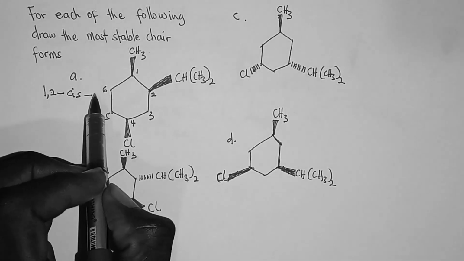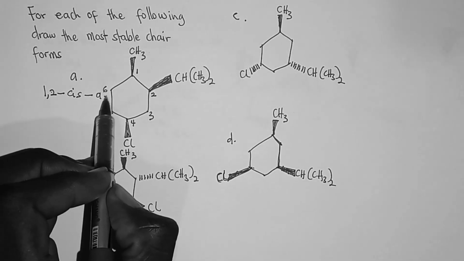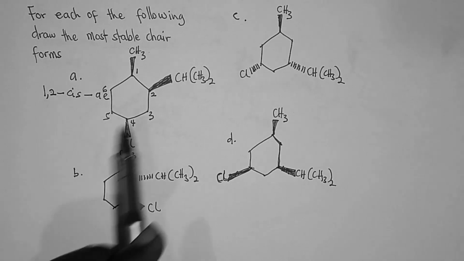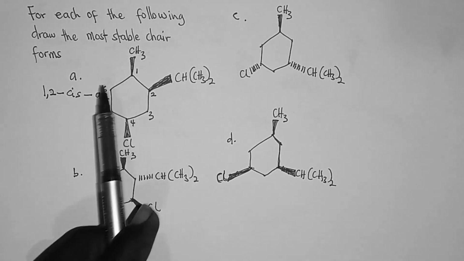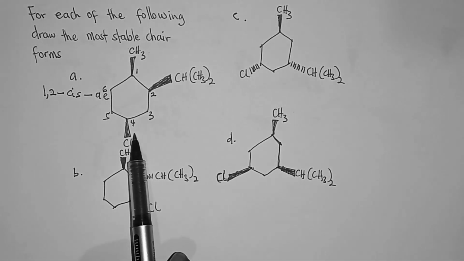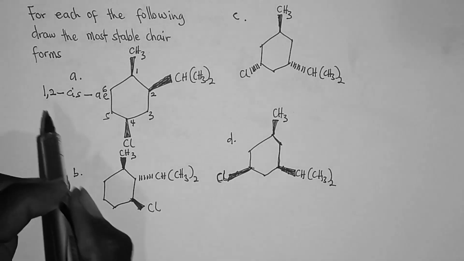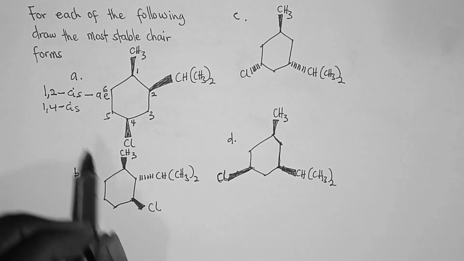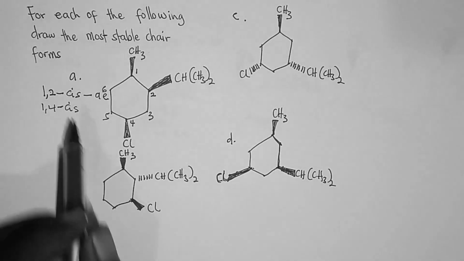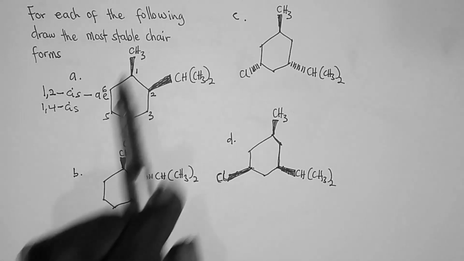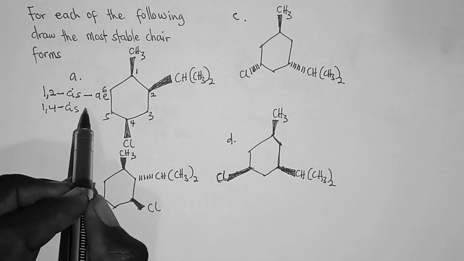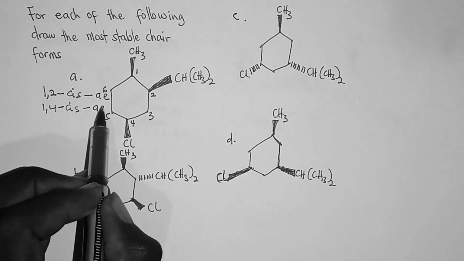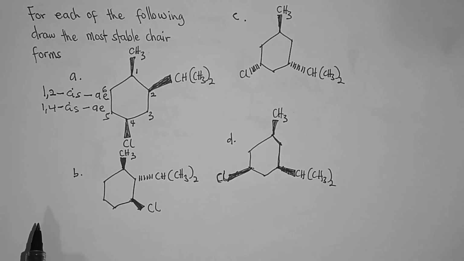And therefore, this cis is going to be an AE. Now, you see that for the 1,4, it is also a cis relationship. So 1,4 is also a cis. And for the cis relationship, chlorine is bulkier than a CH3, and therefore, this is also going to be an AE relationship.